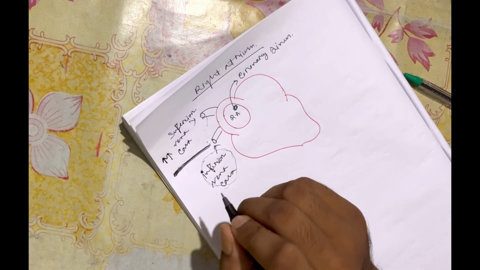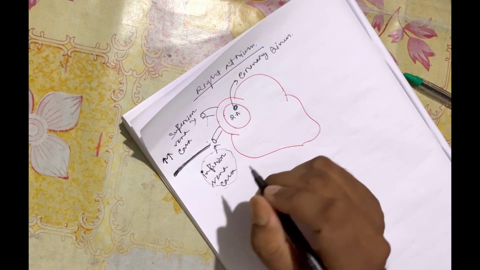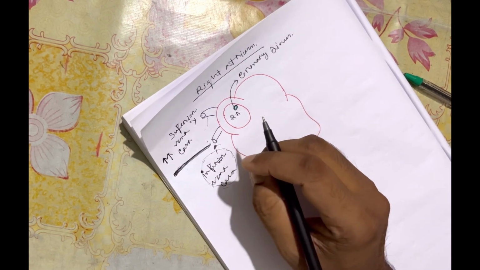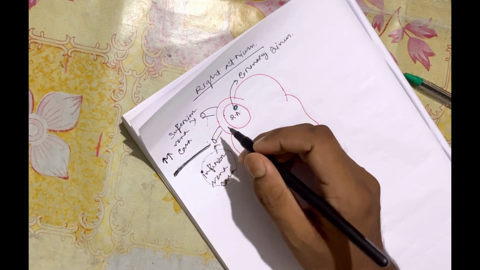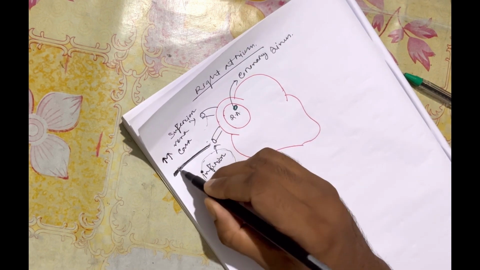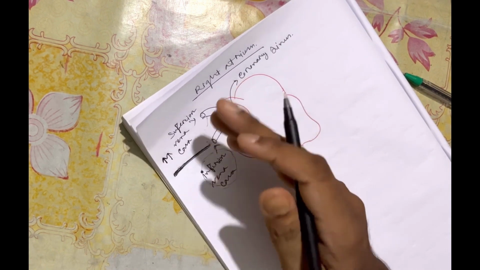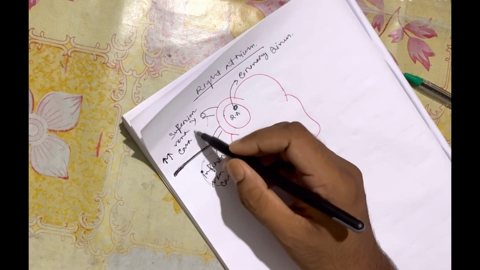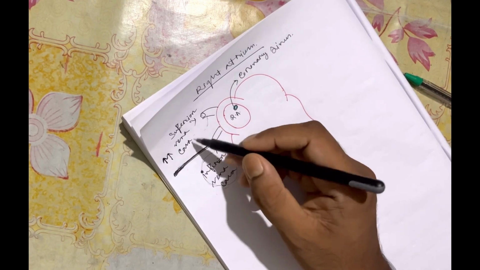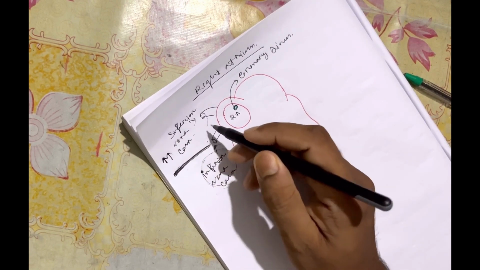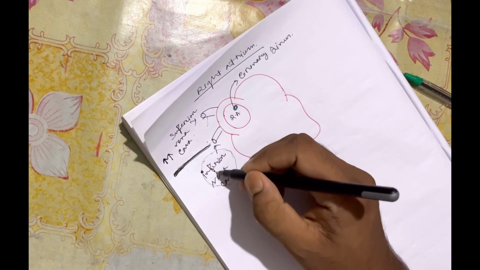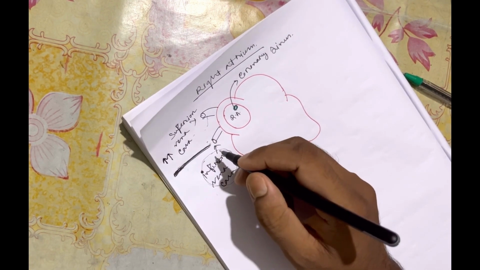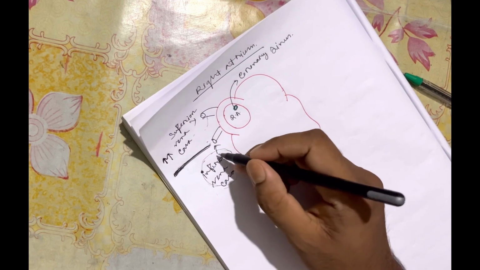If questions come, then which part of our body will the inferior vena cava carry blood from? We can distinguish clearly that the body part above the diaphragm, its deoxygenated blood will be carried by the superior vena cava, and the body part below that diaphragm, its deoxygenated blood will be carried by the inferior vena cava.